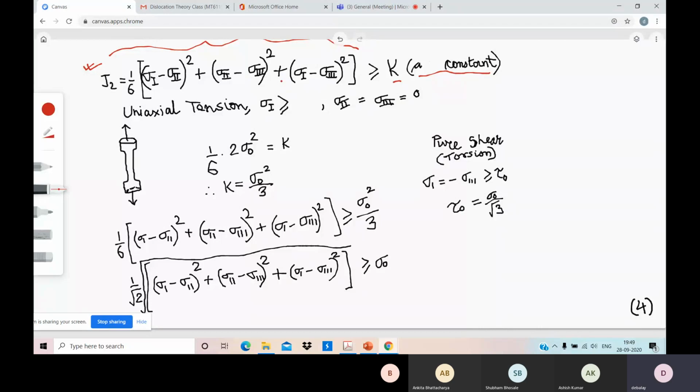So if it is applicable to all, it is also applicable to simple tensile loading, uniaxial tension. And we know in uniaxial tension, yielding will occur when your applied maximum principal stress sigma 1 exceeds sigma naught and sigma 2 and sigma 3 are equal to 0.